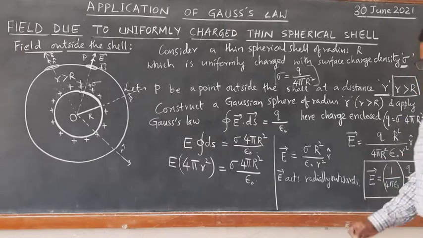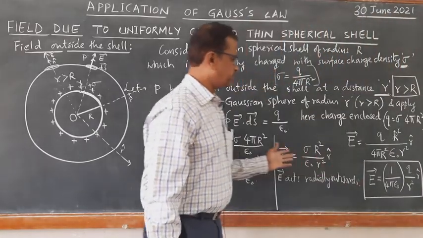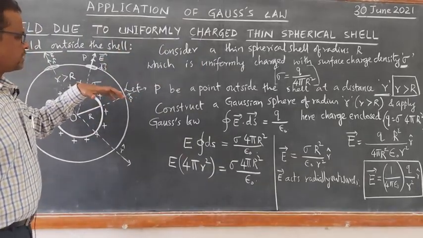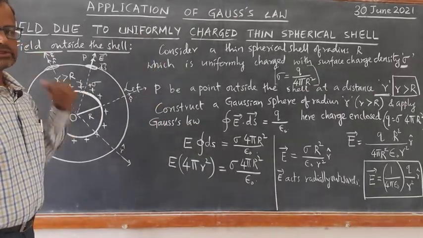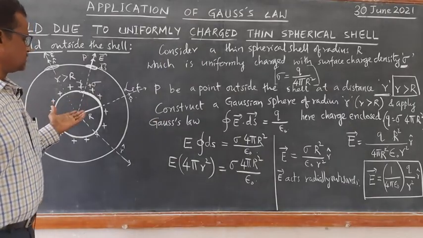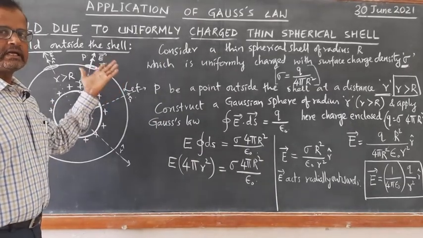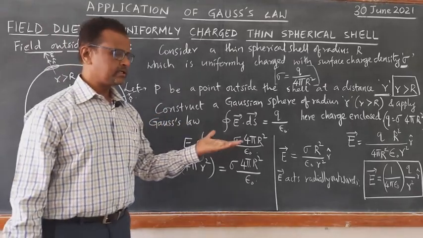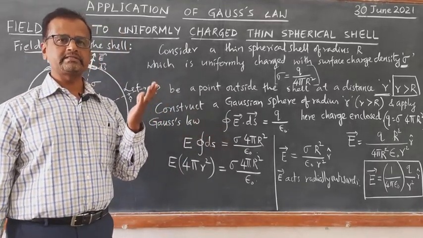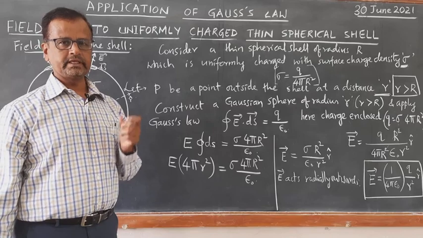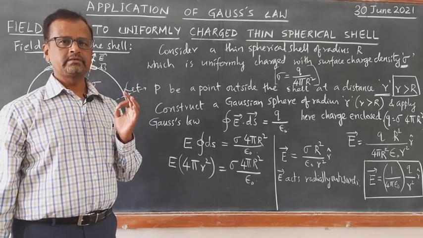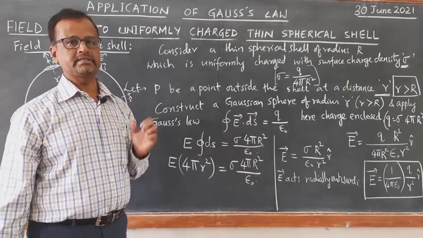This states that again the electric field is radially outwards and is inversely proportional to the square of the distance. As distance increases, the electric field keeps on decreasing. So it obeys the inverse square distance relation.